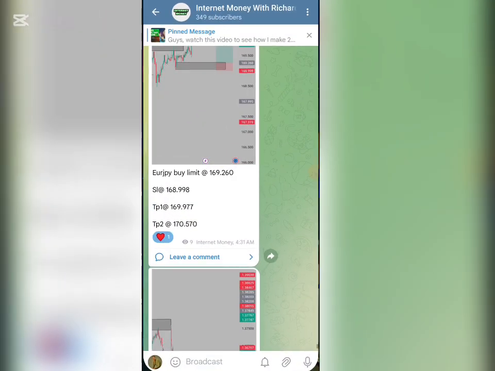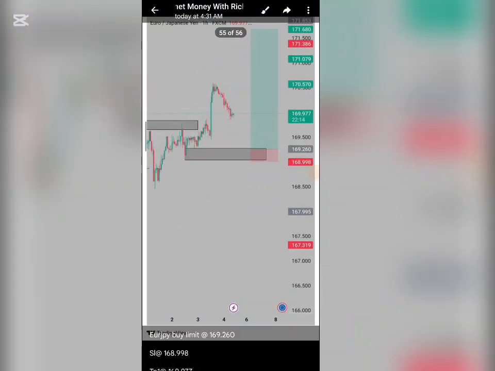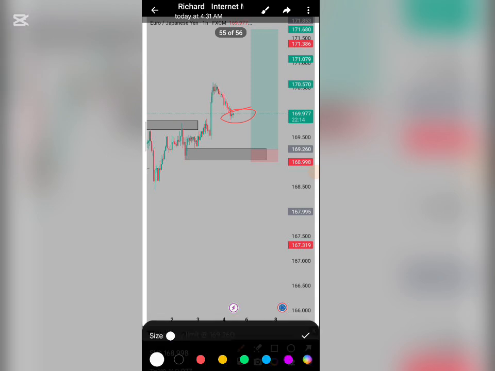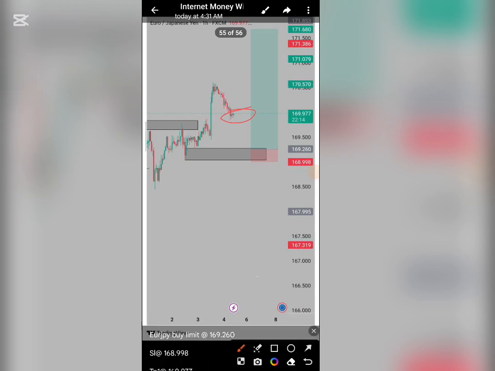Buy limit simply means, if you look at this chart, you will notice that the market is still somewhere here. We don't want to buy there.